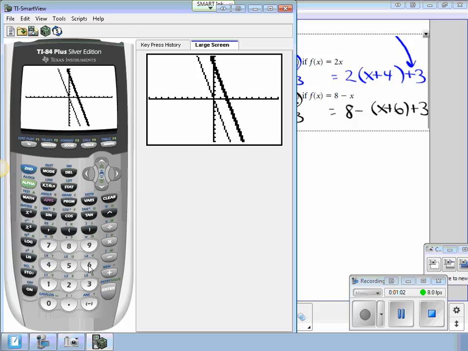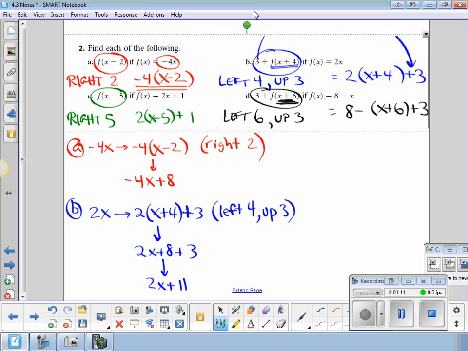Now, if you go back to the paper where I asked you to distribute, to simplify, if you distribute the negative 4 to the x and to the minus 2, you get negative 4x plus 8.